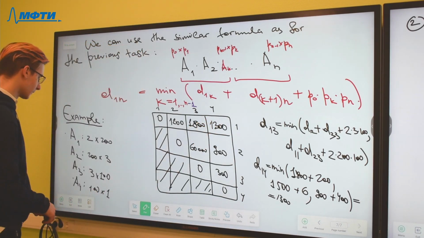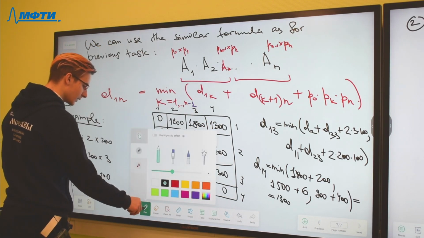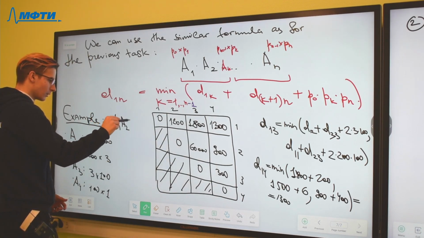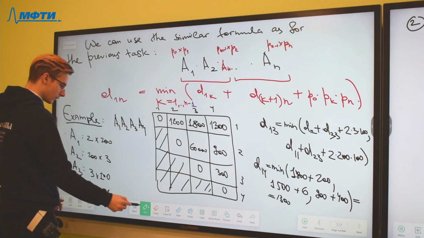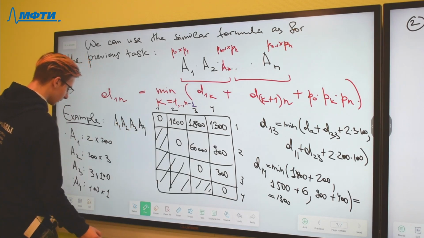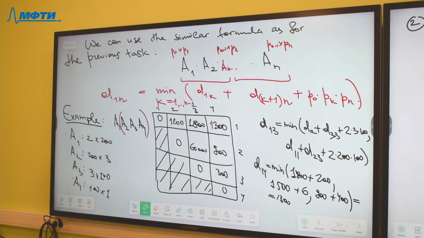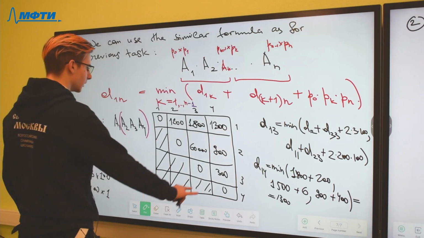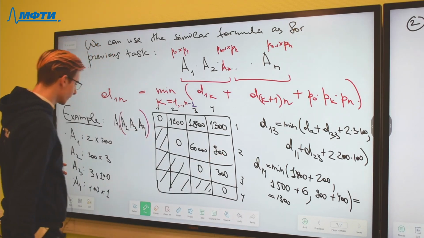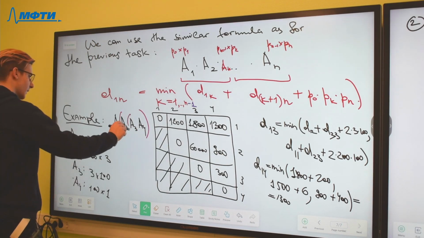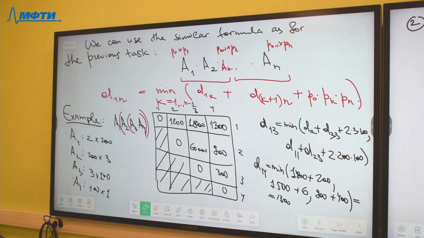Yeah. So we see that in this case, it is better to set the parentheses here, and to find 2, 4, we firstly multiply these two matrices and these matrices.